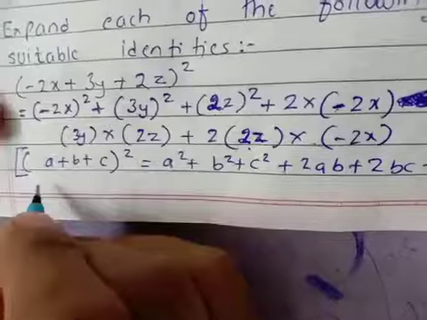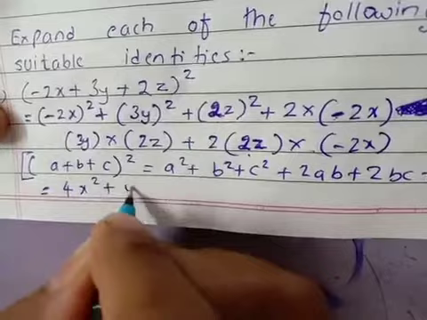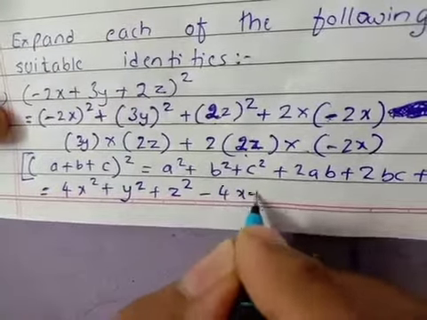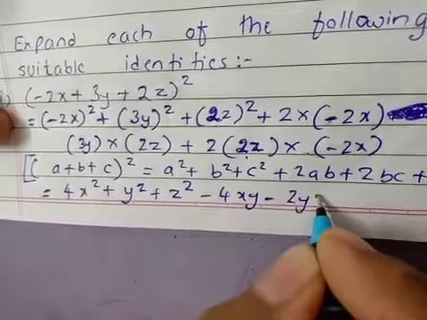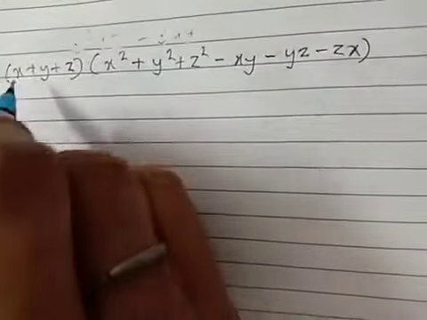So now if you solve this, it will be 4x square plus 9y square plus 4z square minus 12xy plus 12yz minus 8zx.